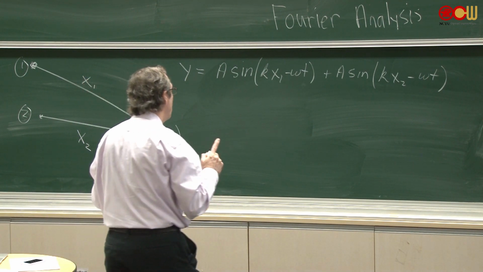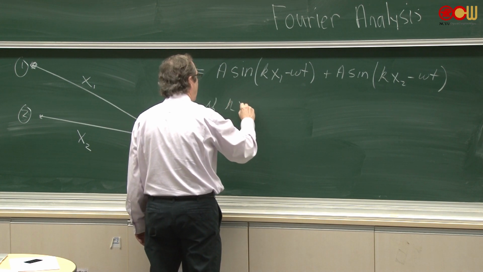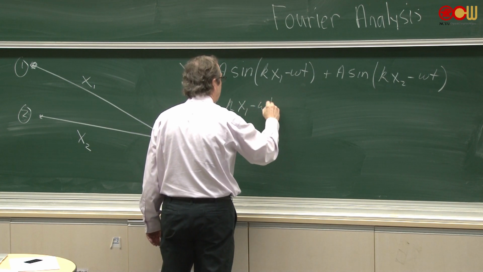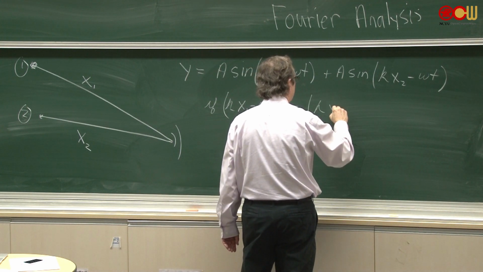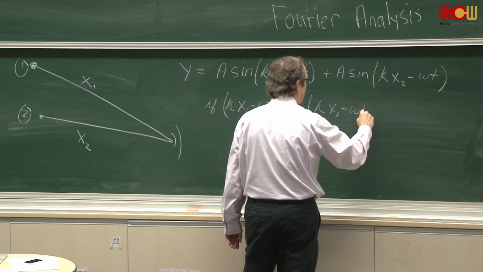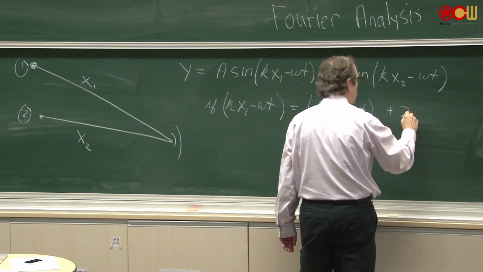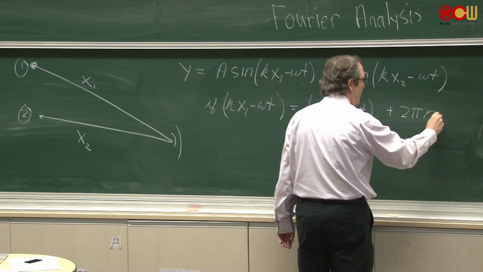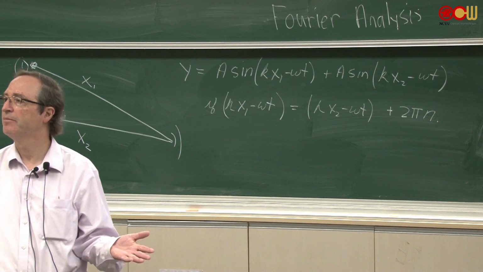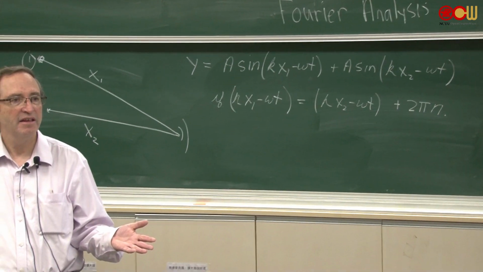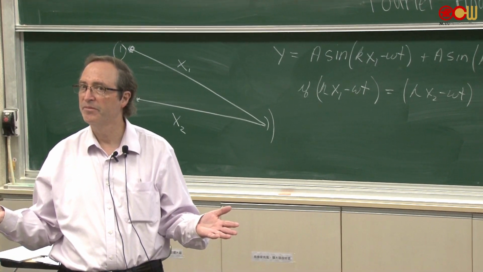Right? So what we have is if kx1 minus omega t equals kx2 minus omega t plus 2 pi times some integer, then the arguments are exactly the same. Everybody see that? The arguments are the same. Right?